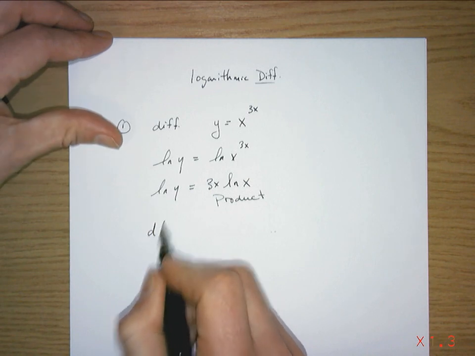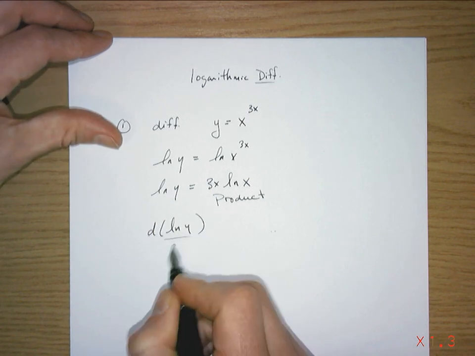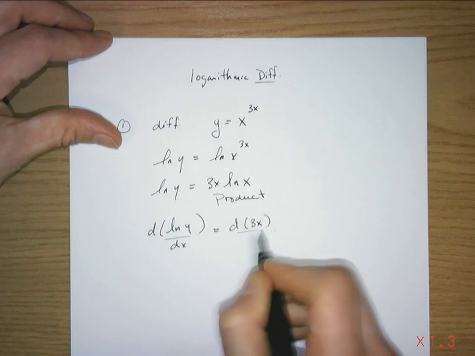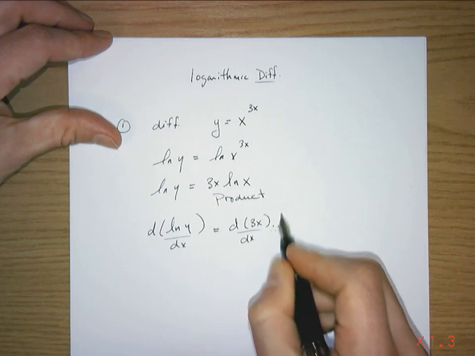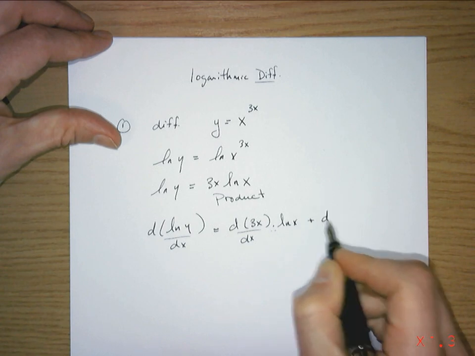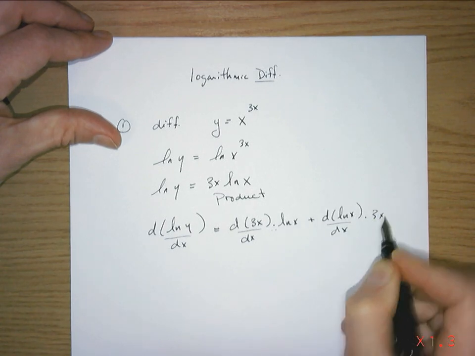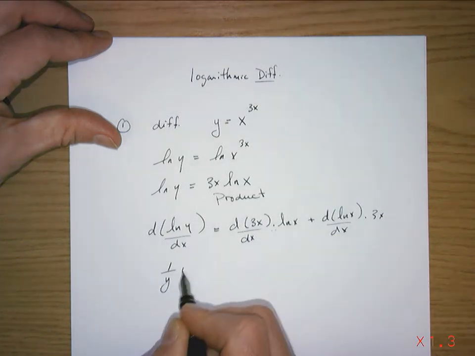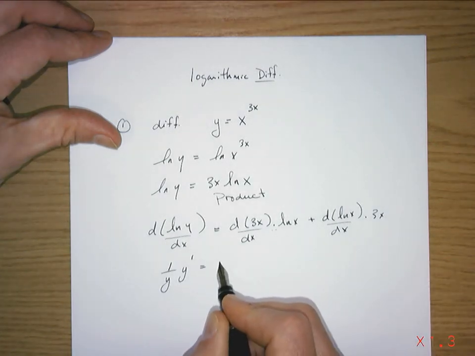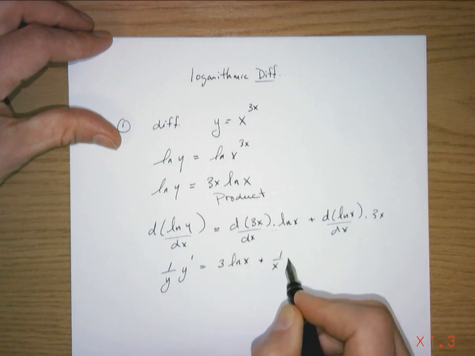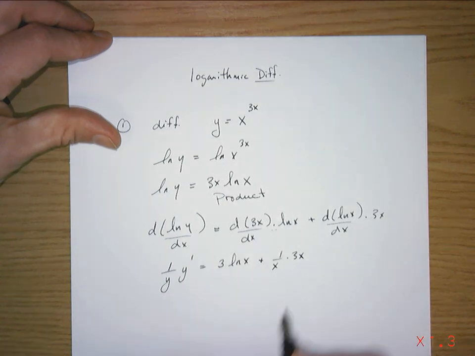The derivative of both sides is going to be the derivative of the first plus the derivative of the second. So it's going to be 1 over y times y prime equals 3 ln x plus 1 over x times 3x.